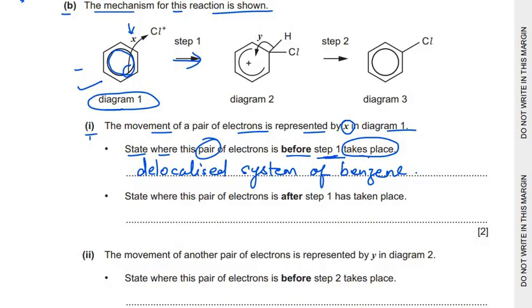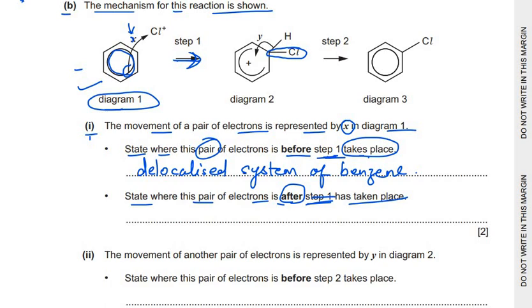That is also acceptable. Now state where this pair of electrons is after step 1 has taken place. Step 1 is here, and we can see that the pair of electrons which was donated by X has gone to the Cl plus ion. So you can say that the pair of electrons is used here to make a bond with Cl.